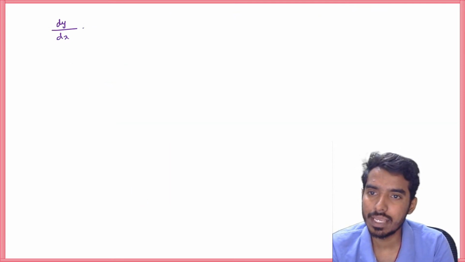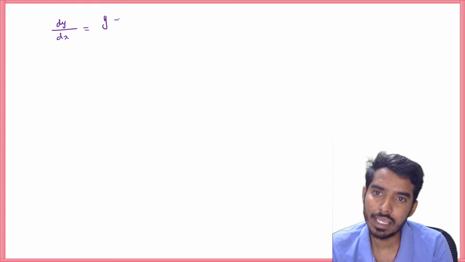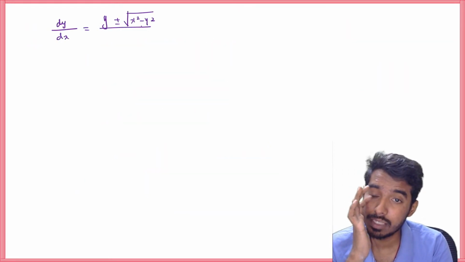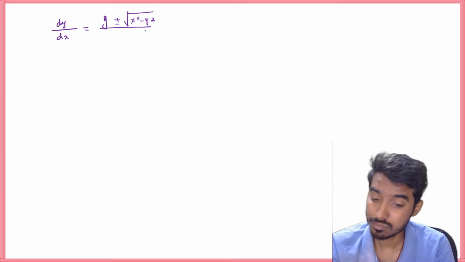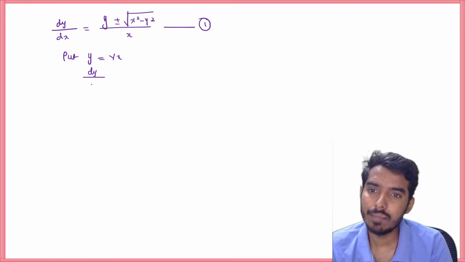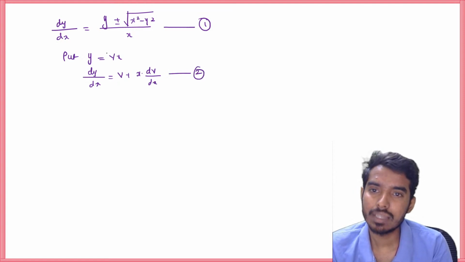So we have dy by dx equal to y plus or minus root of x square minus y square, divided by x, right? You need to know how to solve this equation, right? So put y is equal to vx. So we have dy by dx is equal to v plus x into dv by dx. Call this as 2. Substitute these two in this here.